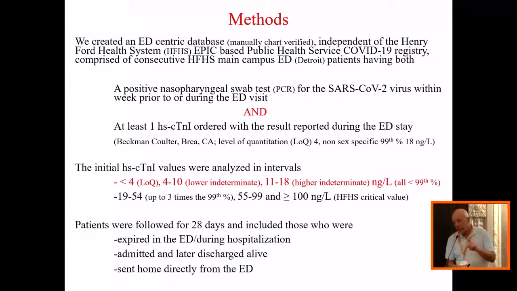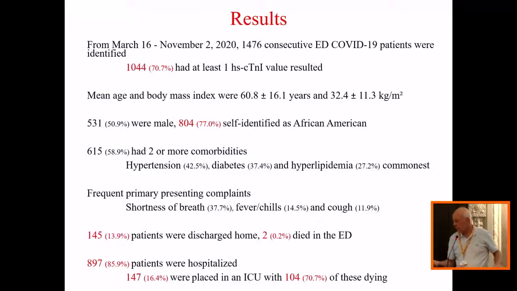And we followed everyone for 28 days, whether they went home before the 28 days and then may have died at home or were readmitted or whatever. But we had the data on everyone with a positive COVID, and we followed them for 28 days.